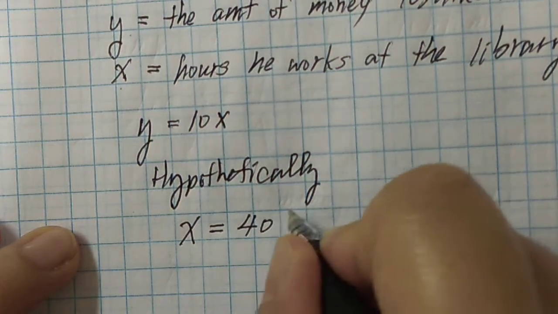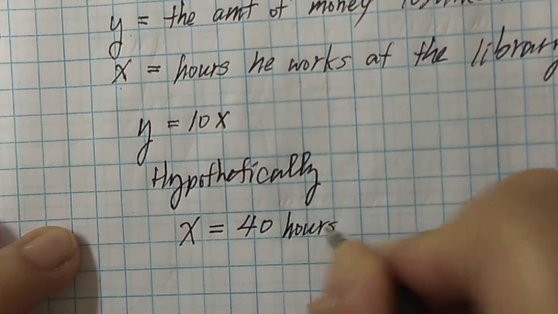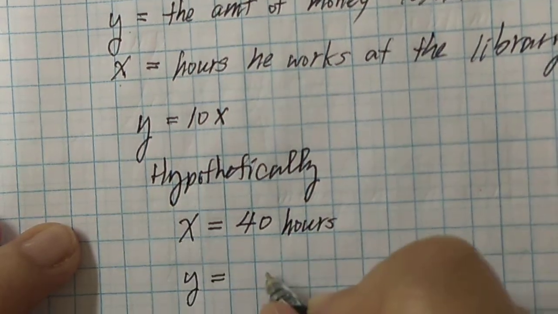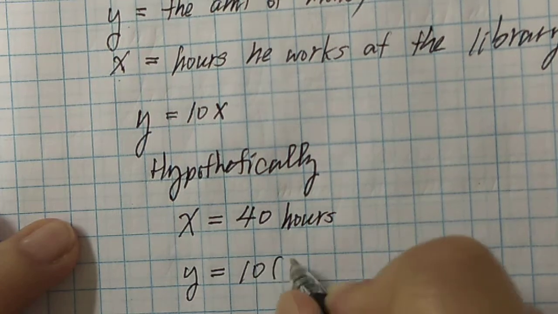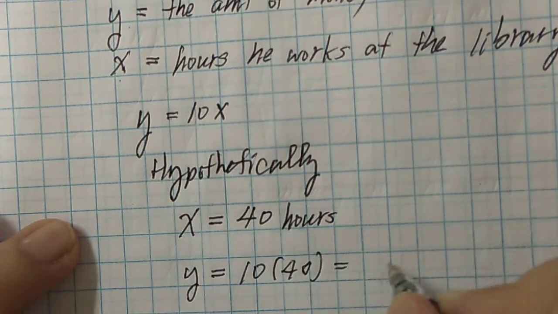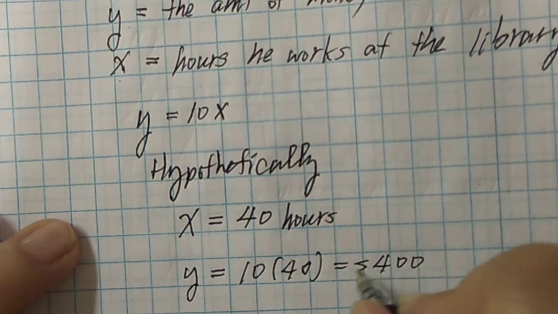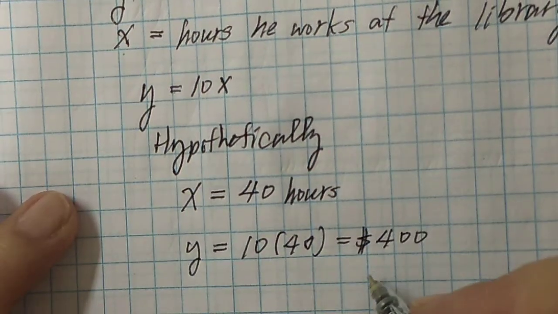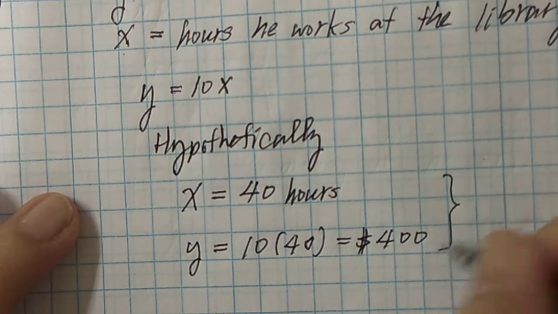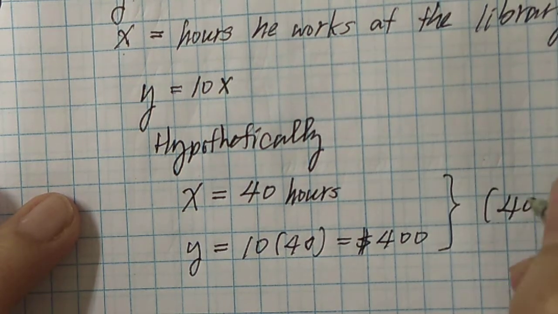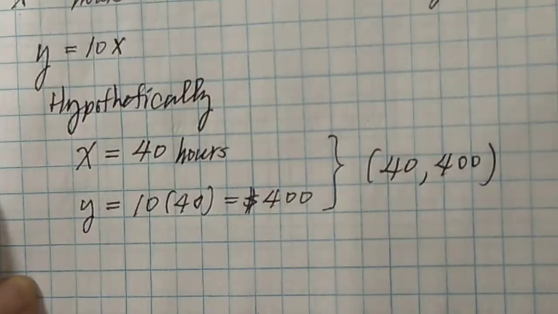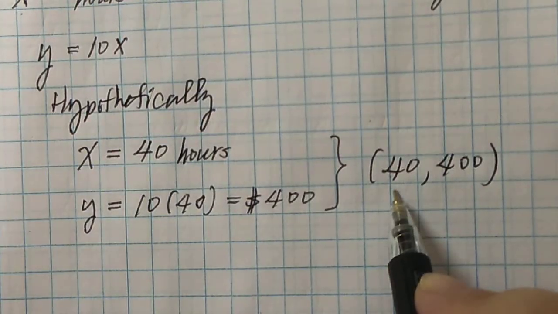So x could be 40 hours. If that's the case, what is y? It would be 10 times 40, which would be $400. That is one possible solution. So the answer could be 400, meaning he works 40 hours to earn $400 a week.